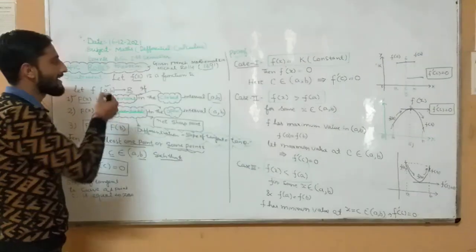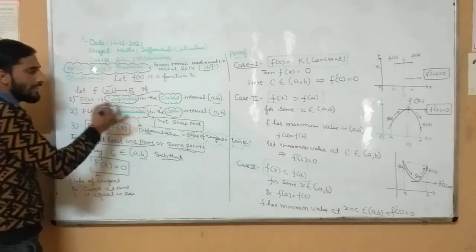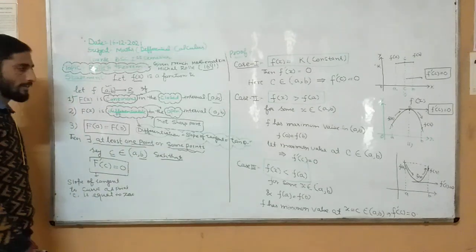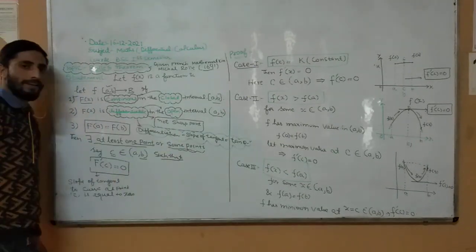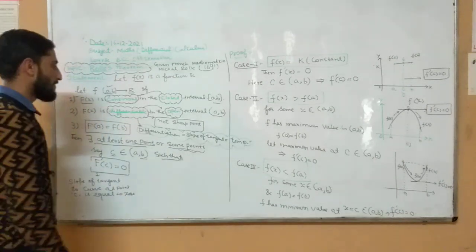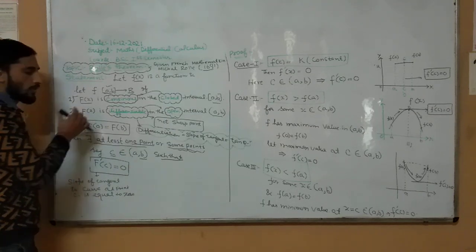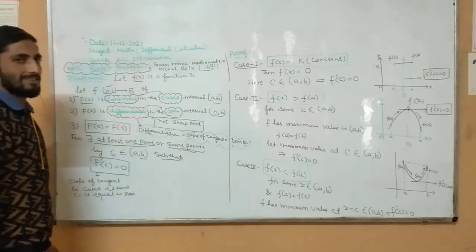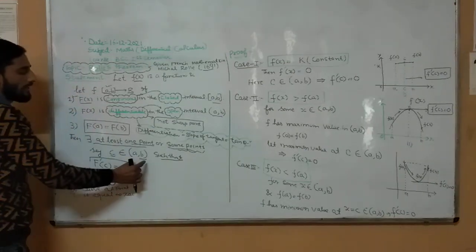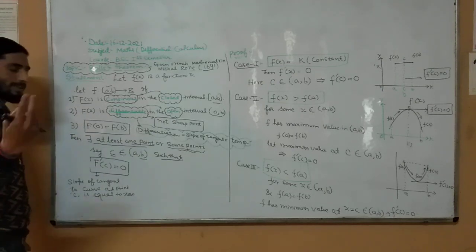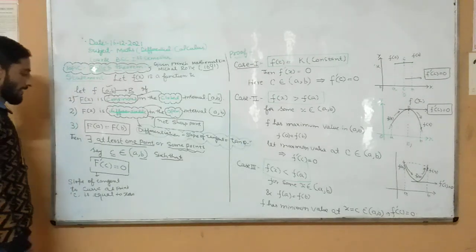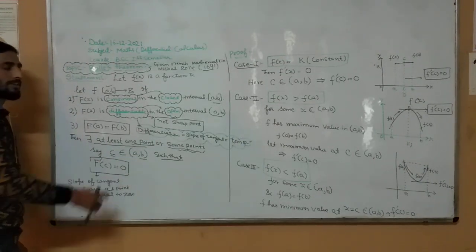Rolle's theorem says that if a function is continuous over the closed interval [a, b] and differentiable in the open interval (a, b), and f(a) is equal to f(b), then there exists at least one real number c in (a, b) such that f'(c) is equal to 0.